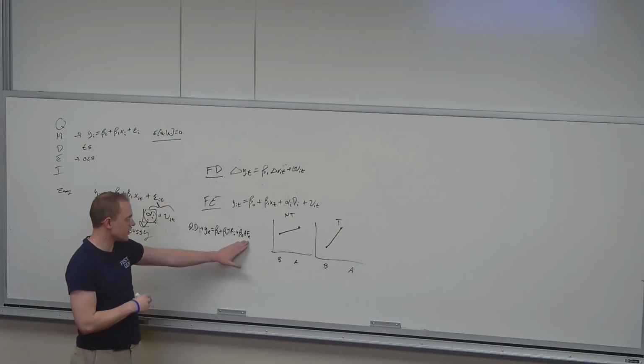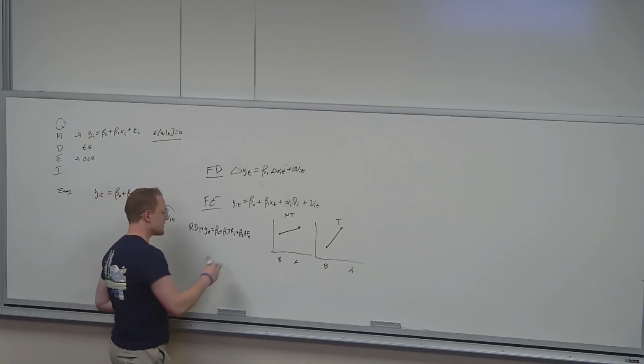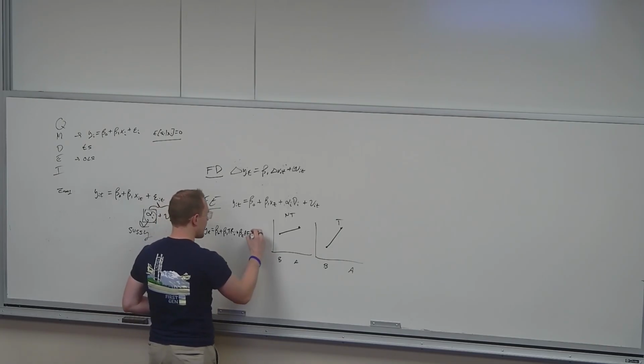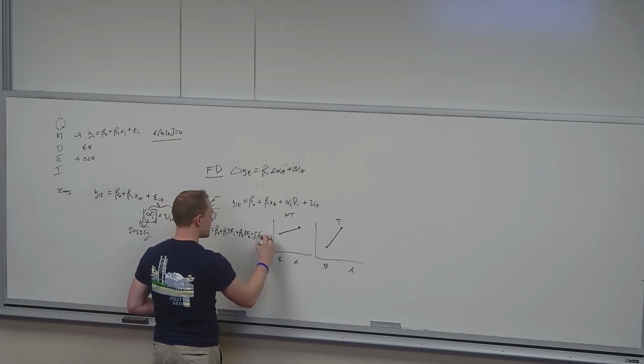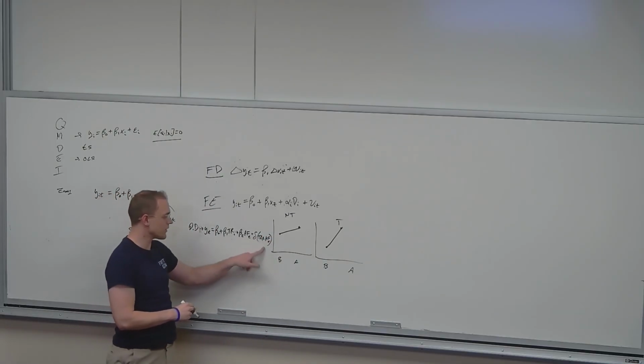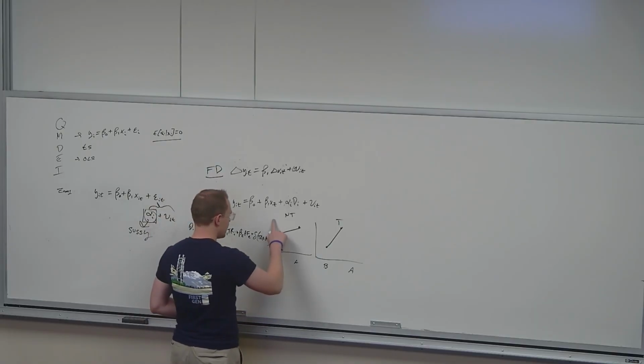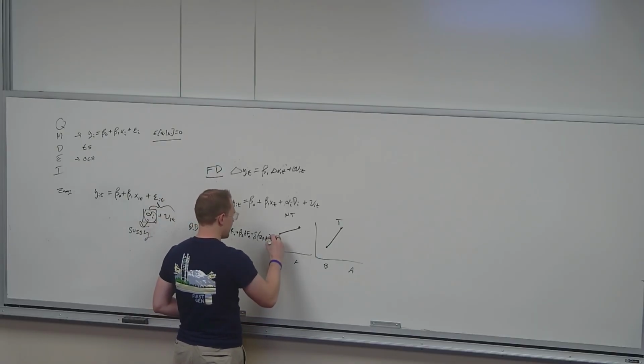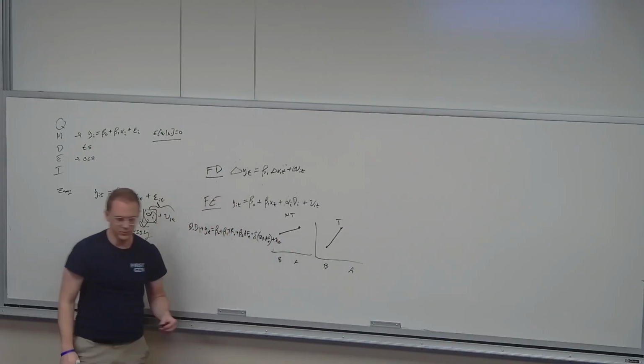So are we before or are we after in terms of time? Then you're going to have some coefficient on treated times after, and this is only going to be 1 if you are the treated group and you are after, plus some error.